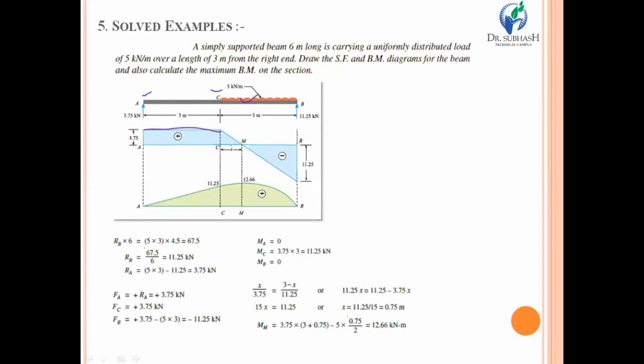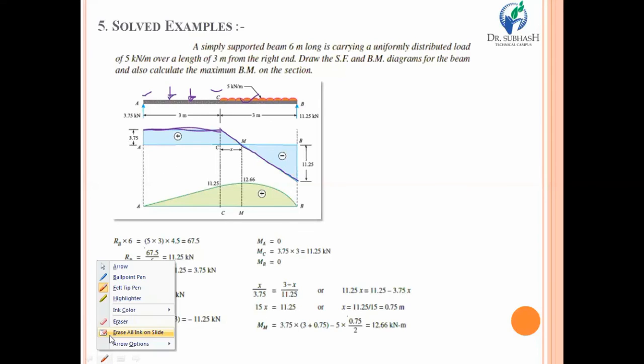So if any two sections have a UDL acting, the shear force should be connected with an inclined line. Similarly, if there is no kind of load acting between two sections, then connect both of the points with a horizontal line. So this is the shear force diagram that we have discussed.